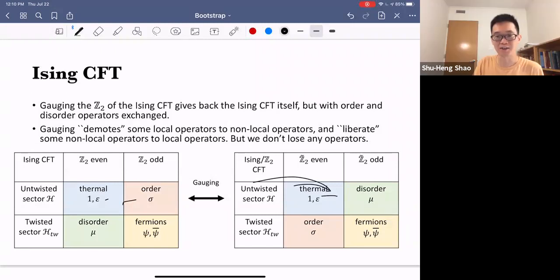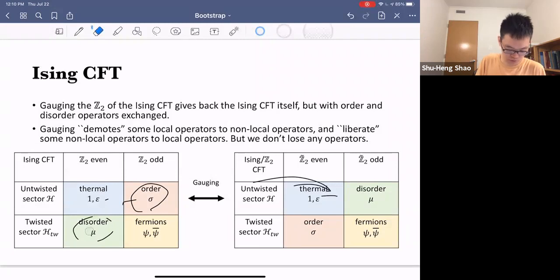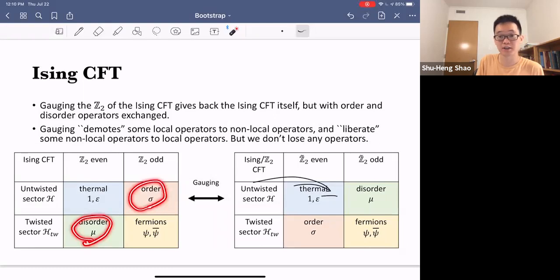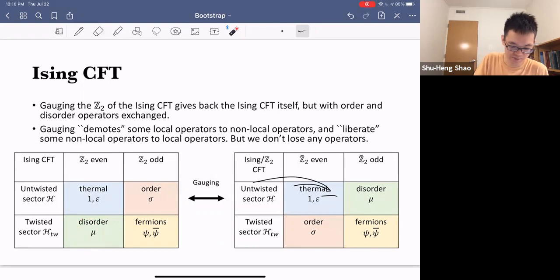Thank you. Okay. Yeah, generally this red sector is different from the green sector, and therefore when you do the gauging, it's not isomorphic to the original guy. For Ising, it just so happens that this sector is isomorphic to that sector. So when you swap them, oh wait, it's the same. But generally, that's not the case.